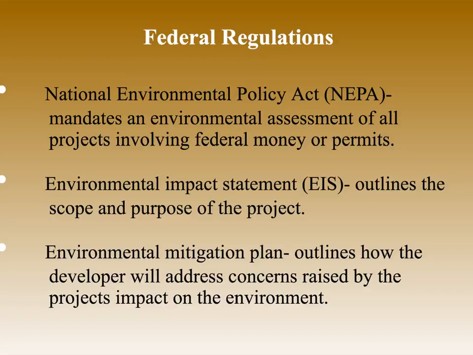So if you're using federal money, this is what you've got to get, one of these EISs. An environmental mitigation plan outlines how the developer will address concerns raised in the project's impact on the environment. So once the study is done, whoever's going to build or do whatever with the federal money needs to have a way to mitigate whatever damage is happening to the environment.